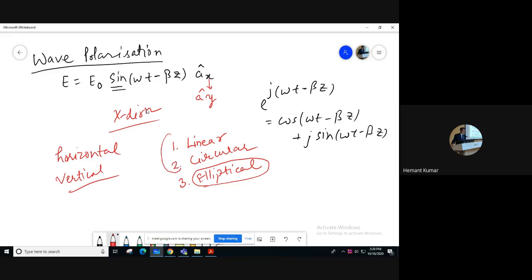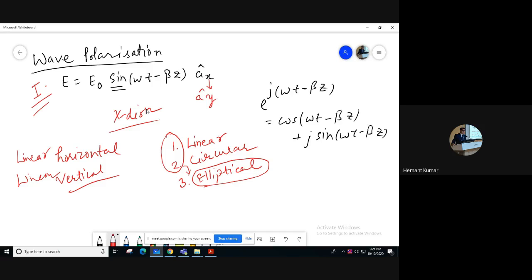Linear and circular are special cases of elliptical. But we will discuss them one by one. First we will discuss linear. Actually this is case one, which is linear: linear horizontal polarized and linear vertical polarized.